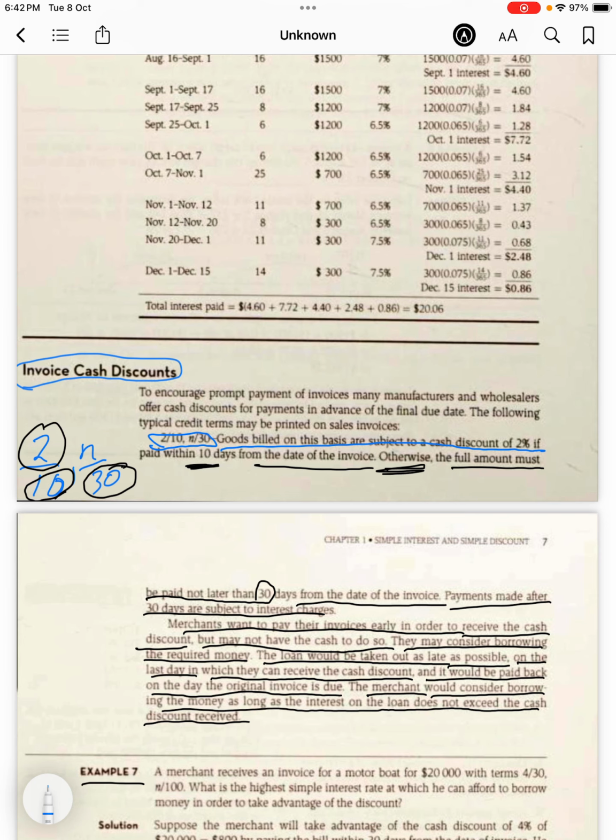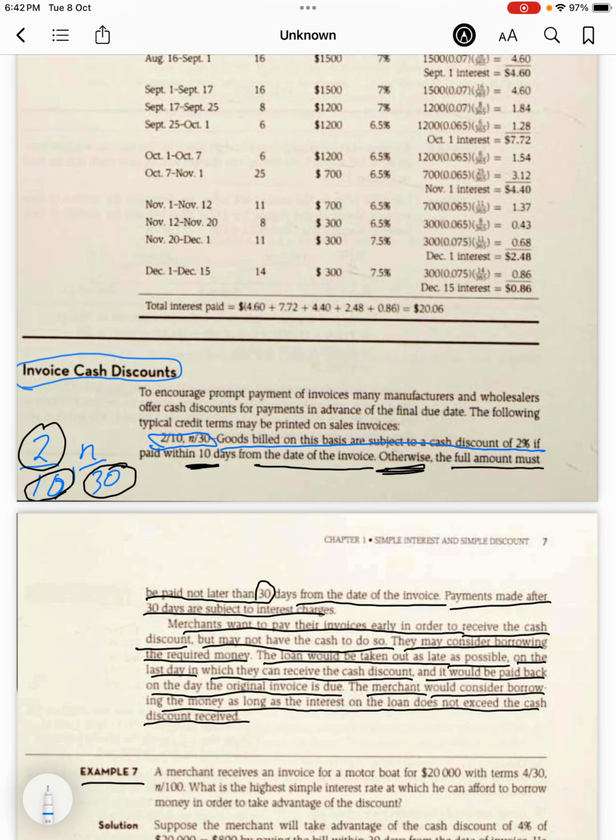To encourage prompt payment of invoices, many manufacturers and wholesalers offer cash discounts for payments in advance of the final due date.